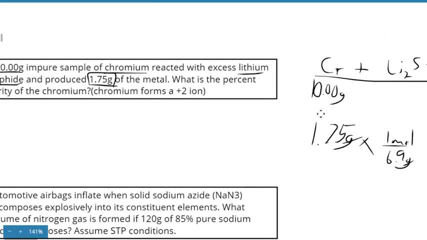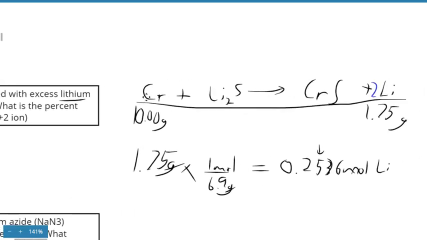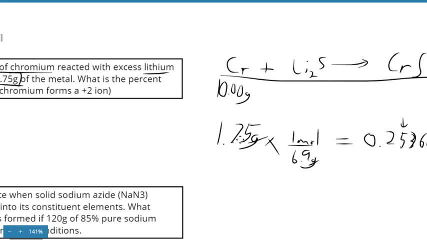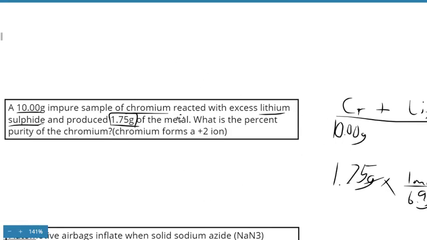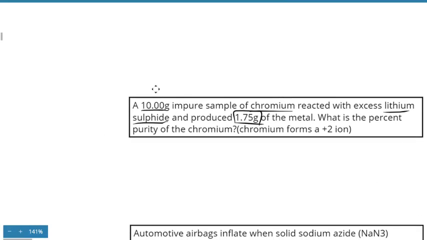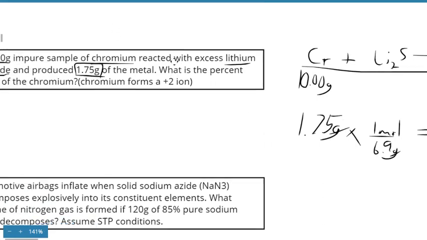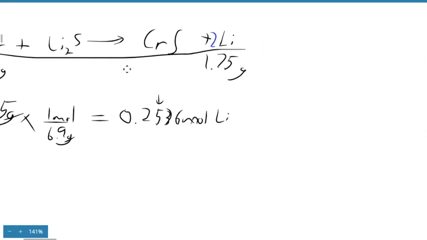So now what we need to do is find how much of the chromium was reacted to make this much lithium, and then we can find the percent purity of the chromium because we already have the impure amount. So we just need to multiply this by the mole ratio.